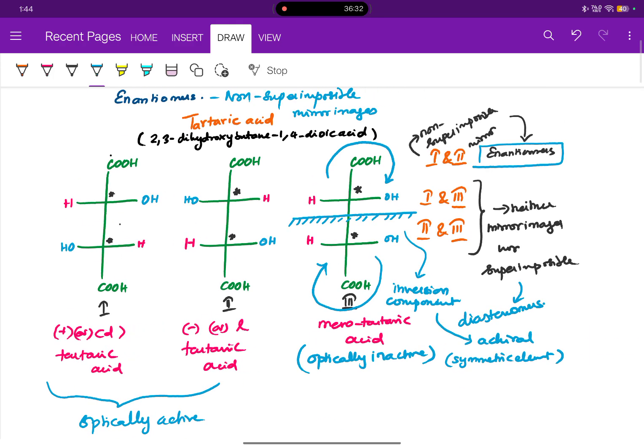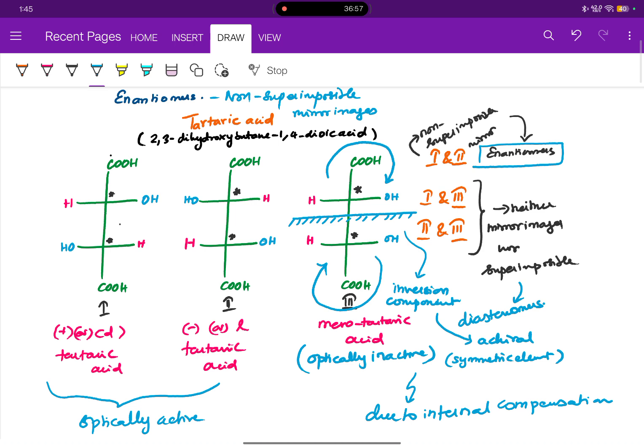Why is mesotartaric acid optically inactive? Because it has a symmetrical element within the molecule, due to internal compensation. What is the meaning of internal compensation? It is within the same molecule. The optical inactivity has arisen within the same molecule.